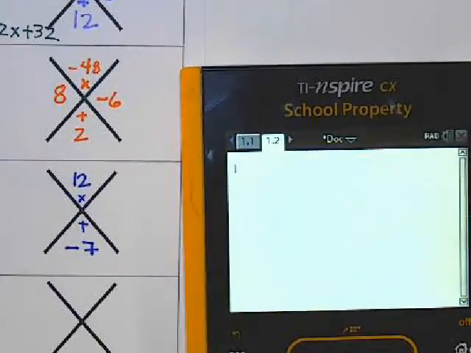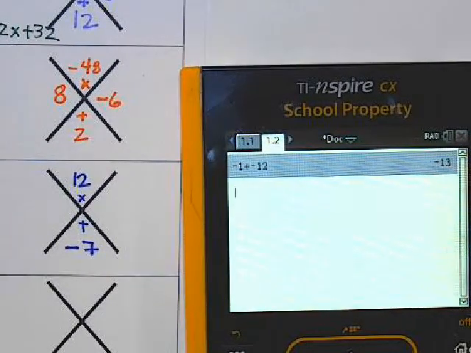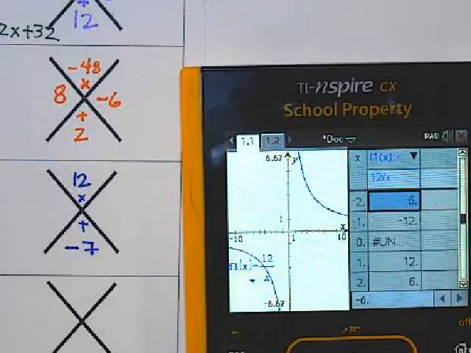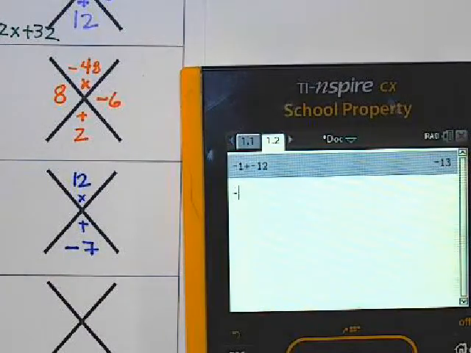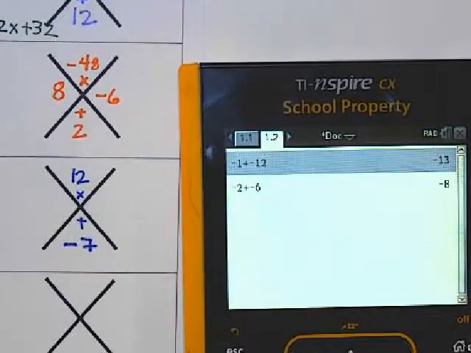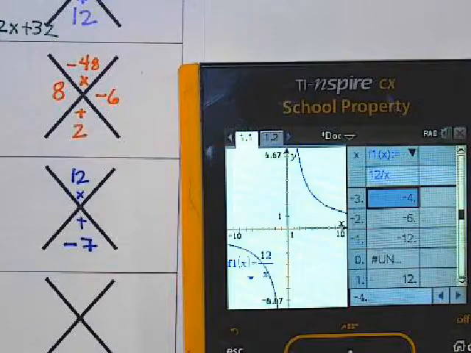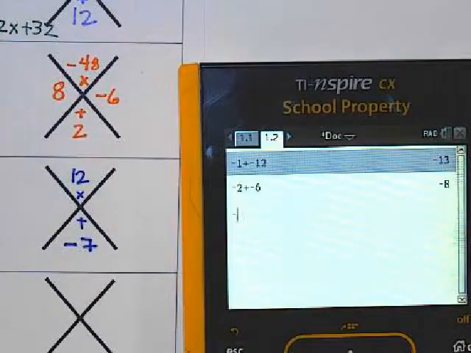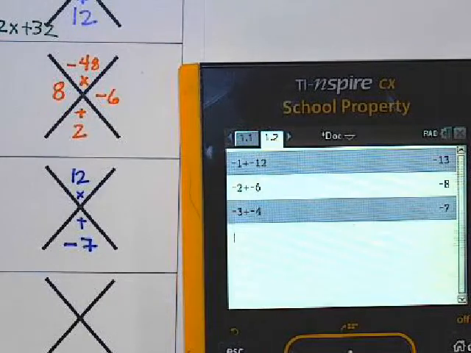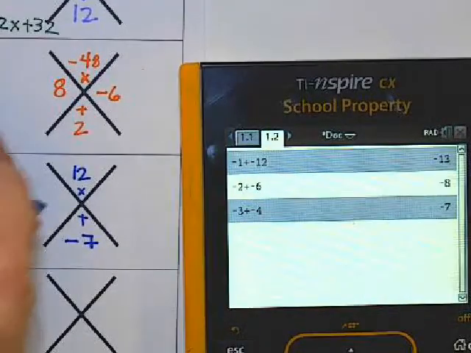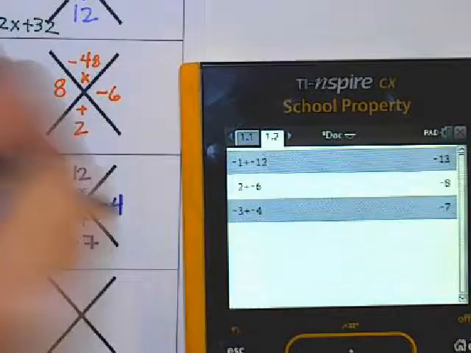Oops. Negative 1 plus negative 12 is not negative 7. Negative 2 and negative 6. Not negative 7, but I'm getting closer. Negative 3 plus negative 4, negative 7. So my two numbers are negative 3 and negative 4.